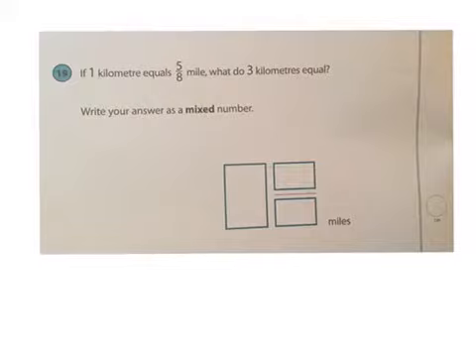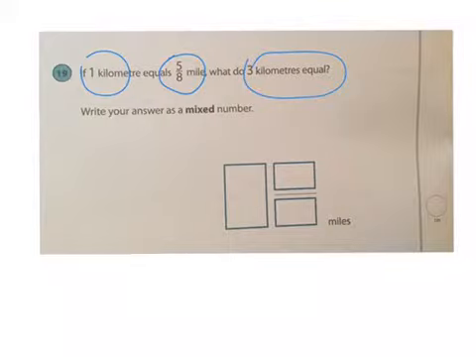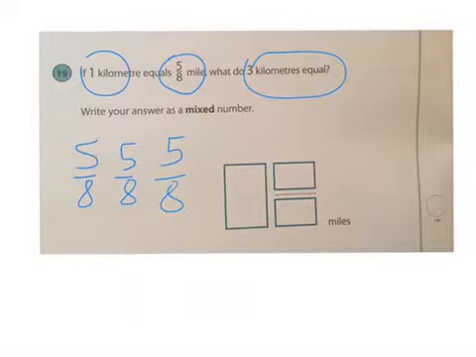1 kilometre is 5/8 of a mile. 3 kilometres. Okay, so 5/8 is 1, then another 5/8 is another kilometre, and then another 5/8 is another kilometre. So 5/8 plus 5/8 is 10/8, plus another 5/8 is 15/8.